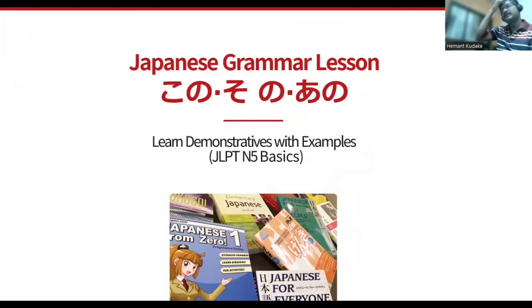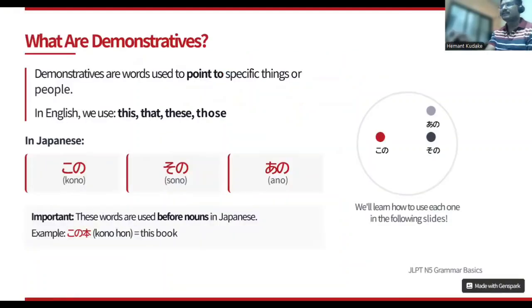In the previous session we learned the Japanese grammar kore, sore, are. So let's see what the difference is. As you can see here, kono, sono, ano are demonstrative words, like kore, sore, are. But what is the major difference?